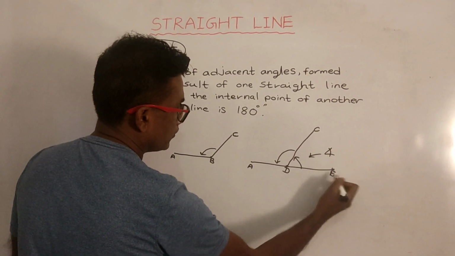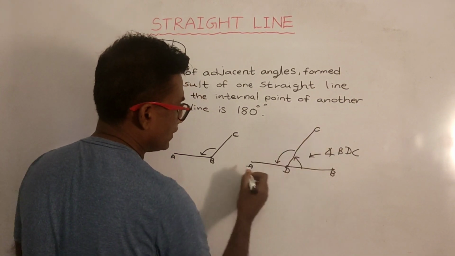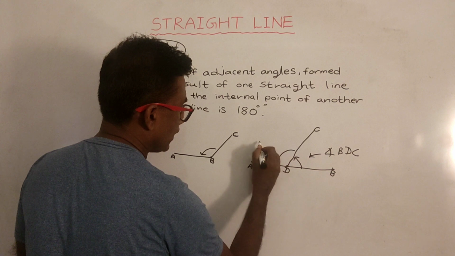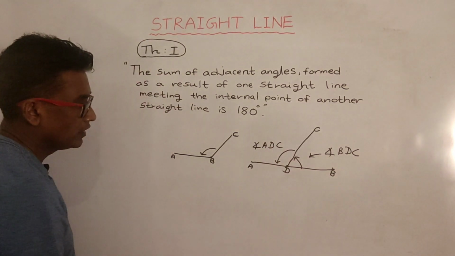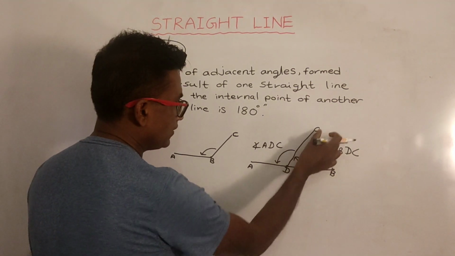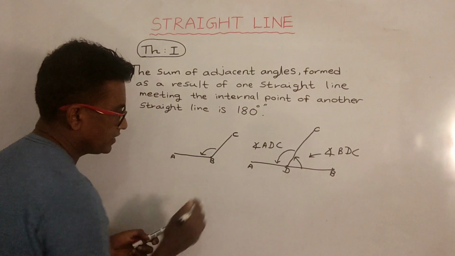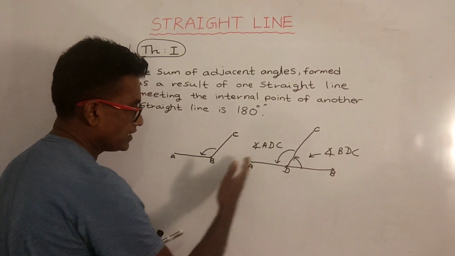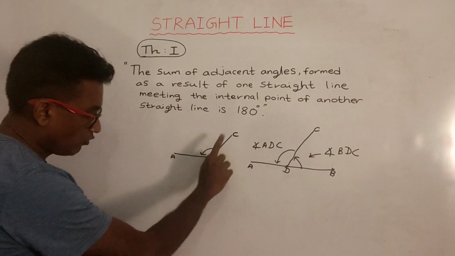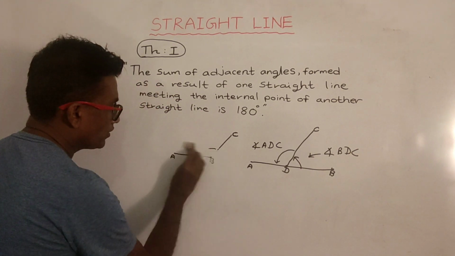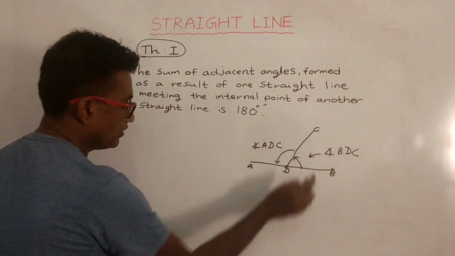Angle BDC and angle ADC. These are called adjacent angles, angles which are adjacent to each other. So the theorem is not talking about the first instance, it's talking about this instance.